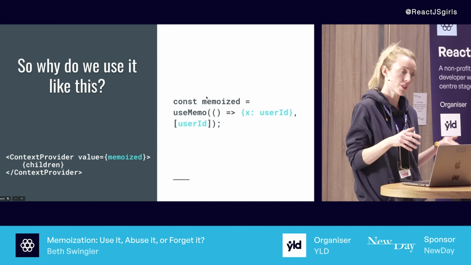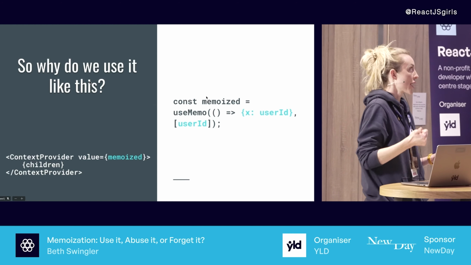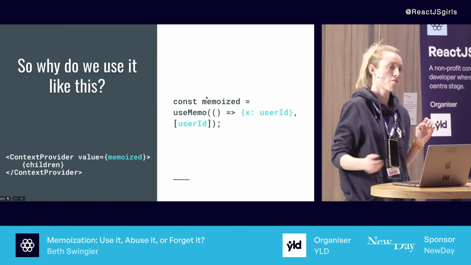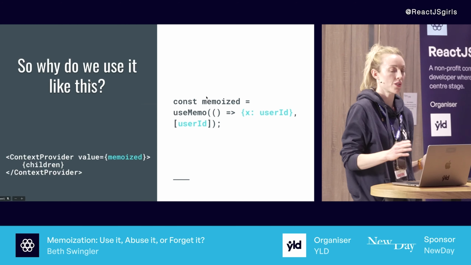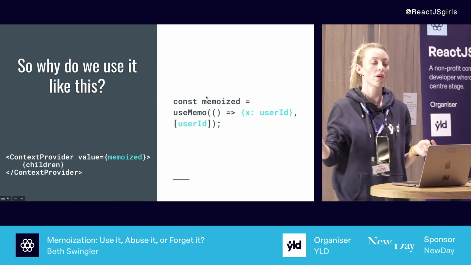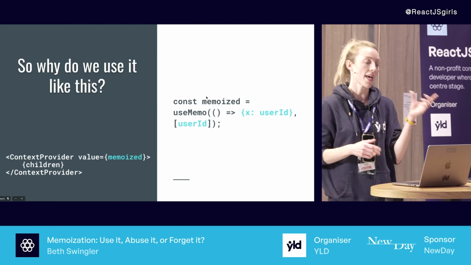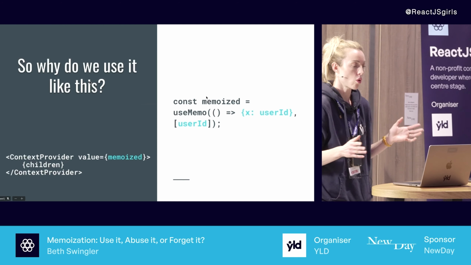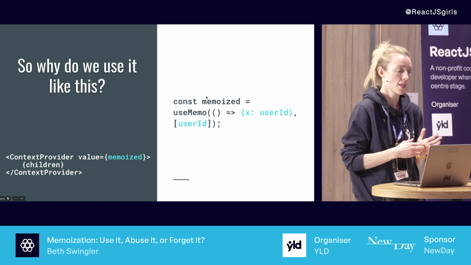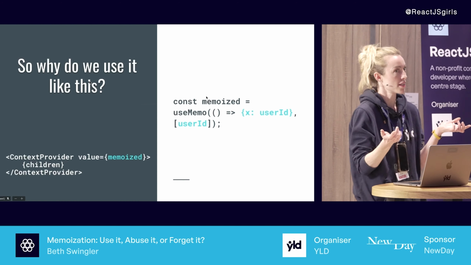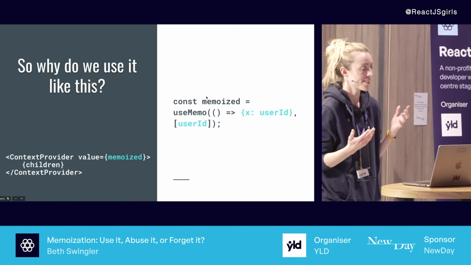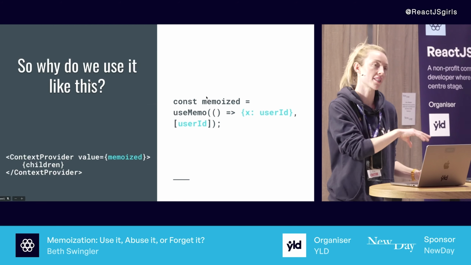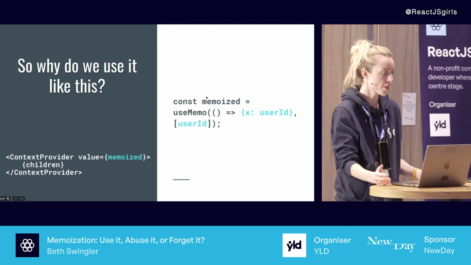And that's because in JavaScript, data in the form of objects, arrays, and functions do not have stable references. That means that they are created new every time. So if I made another object that was identical, still the key is X, still the value is user ID, which we're going to suppose is a string or a primitive of some kind, then even though it's the same, it's not pointing to the same place in memory, so React doesn't consider it to be the same thing.